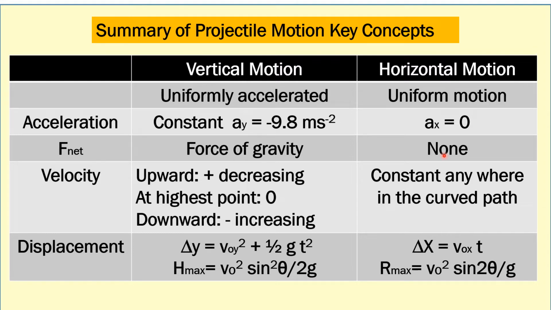The first law states that an object that is moving with constant velocity, meaning constant speed in a straight line, is not acted upon by any external net force.